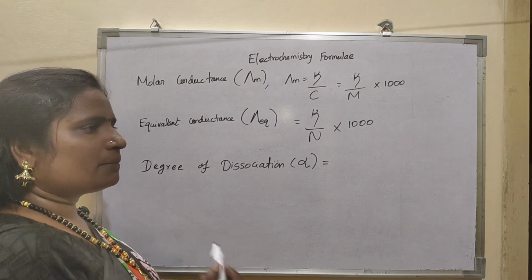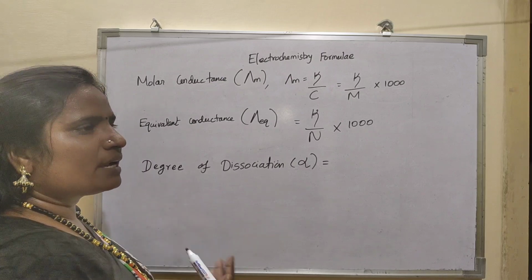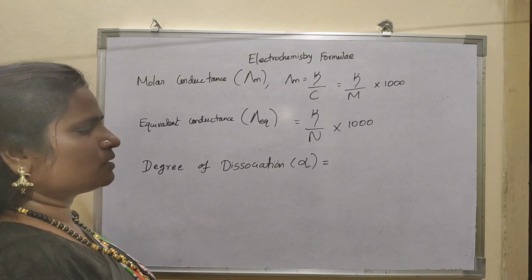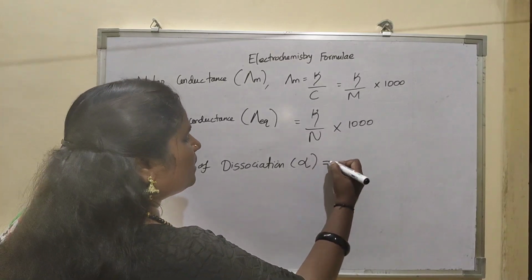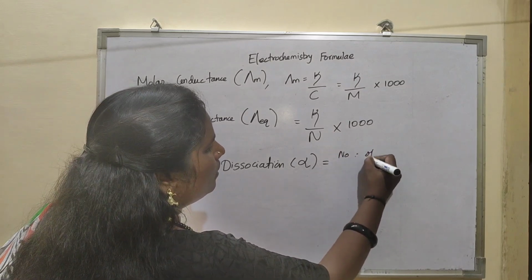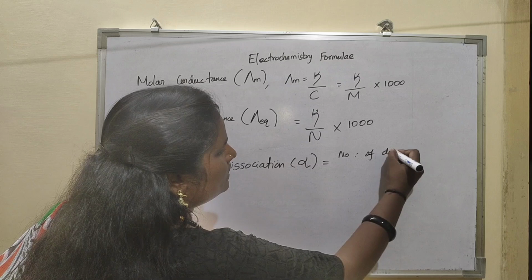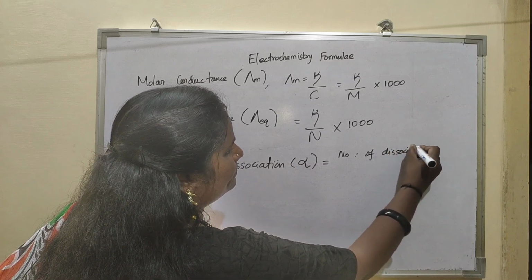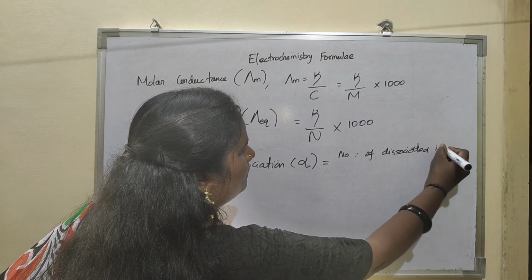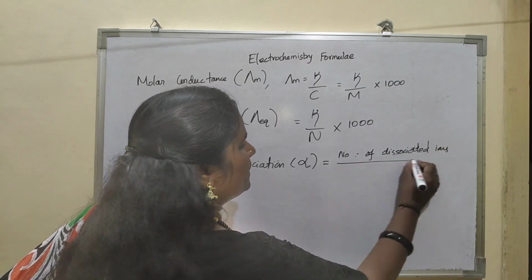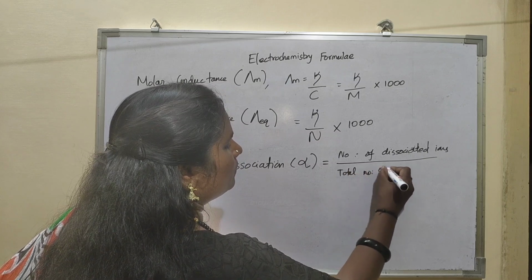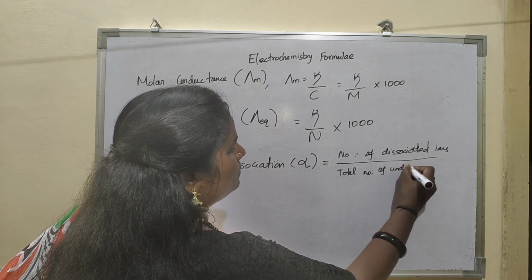It is the number of dissociated ions divided by the total number of undissociated molecules present in the solution.